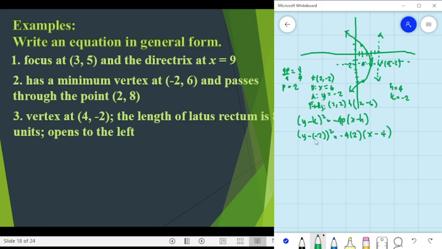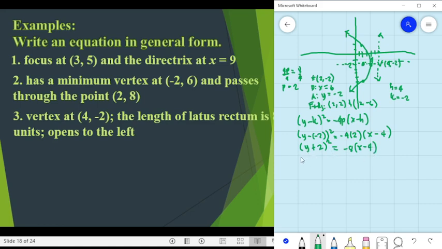So simplifying this one, it should be equal to y plus 2, because the negative of -2 becomes positive. And it is the same as -4 times 2 is -8, quantity x minus 4.